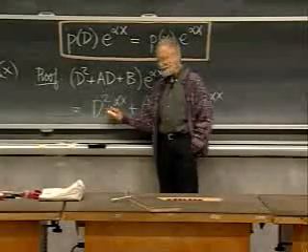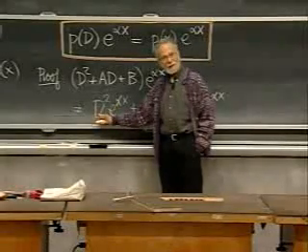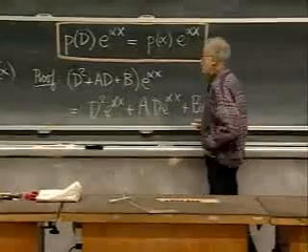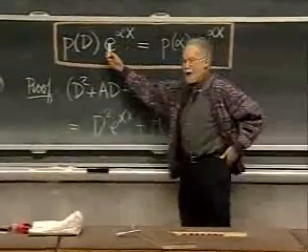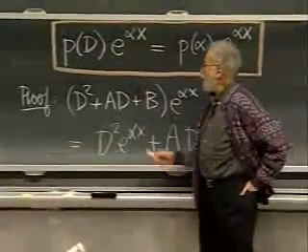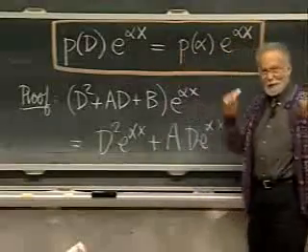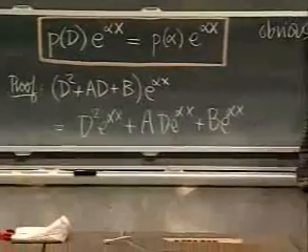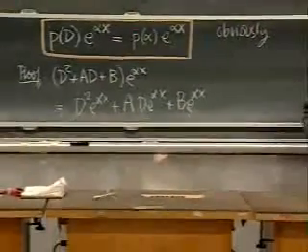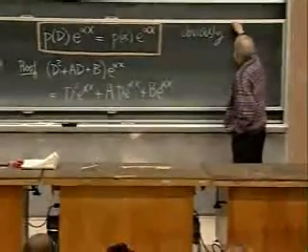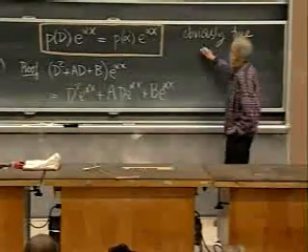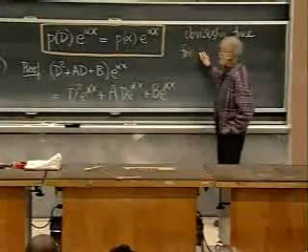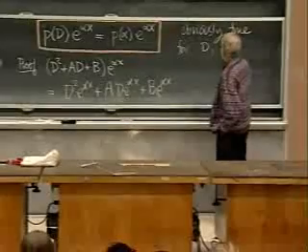So the second derivative is easy. It's alpha squared times e to the alpha x. In other words, this law is obviously true for the operator D and the operator D squared.